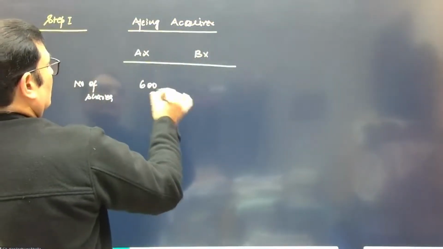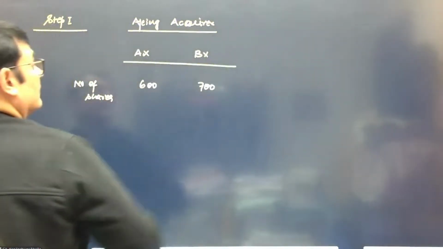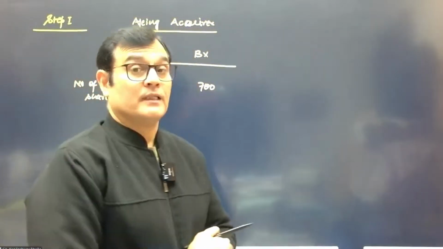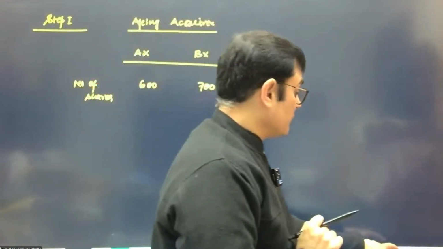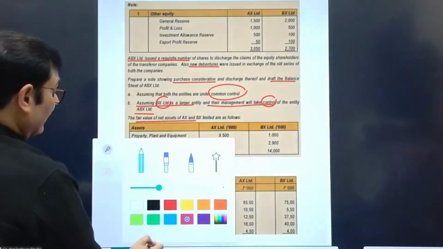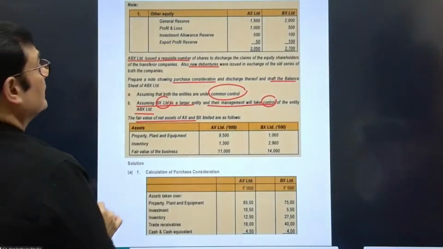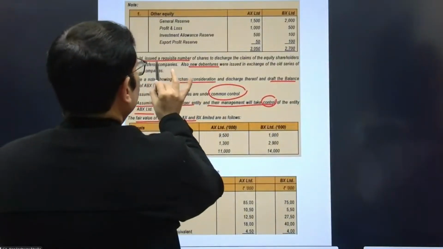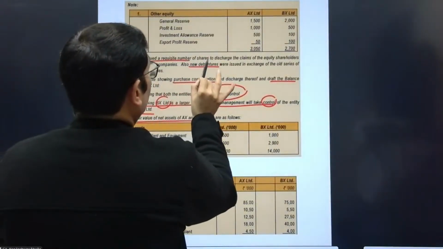So there are a total of 600 shares and a total of 700 shares. Now what we need to do, first of all, is see the number of shares being issued to these companies. If I come back to the additional information, it very clearly says ABX issued a requisite number of shares.